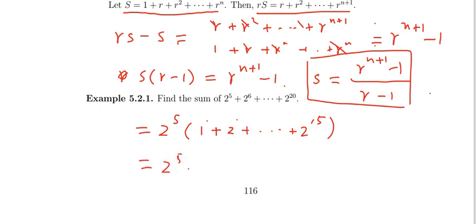We can use this formula, where R is 2. So this equals (2^16 minus 1) over (2 minus 1). 2 minus 1 equals 1, so this equals 2^5 multiplied by (2^16 minus 1).